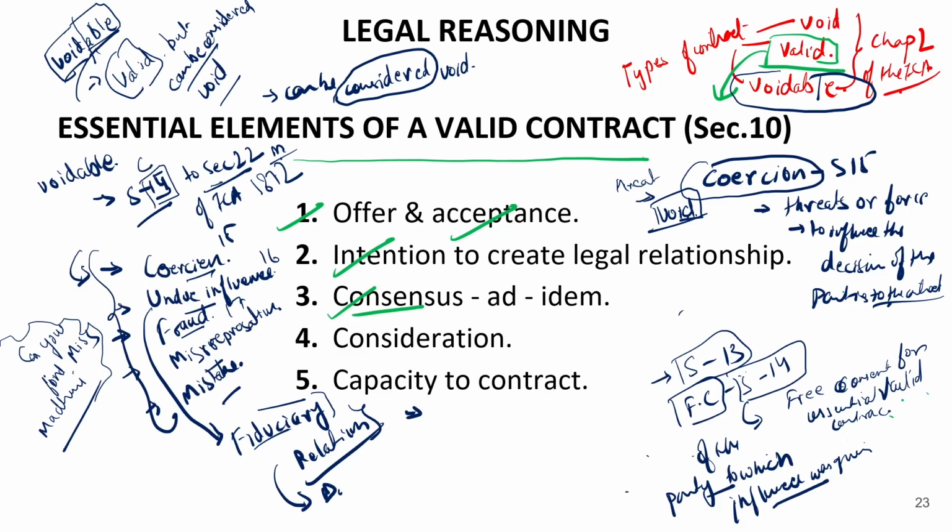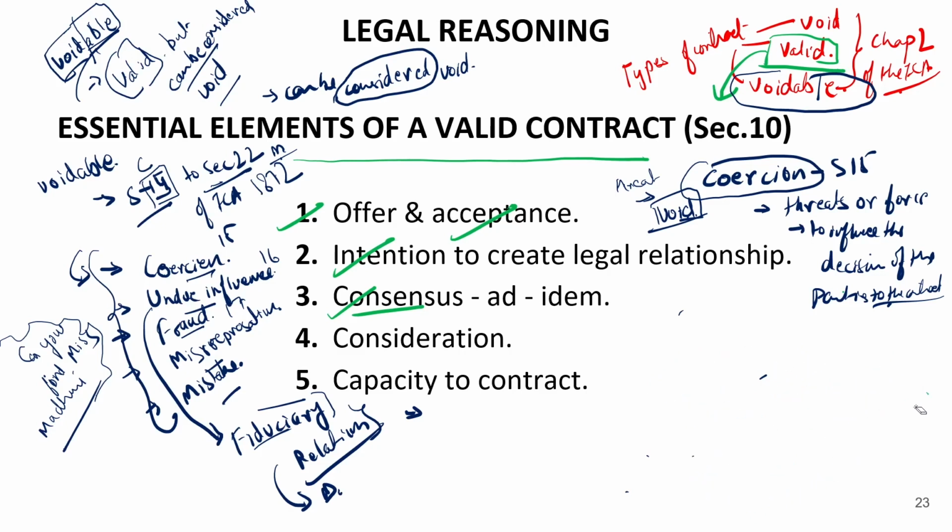I'll give you an example: A sells B by auction a horse which A knows to be of unsound mind. So now there is an example for you to understand what exactly is fraud. There is one person A who sells to B a horse which A knows is of unsound mind.